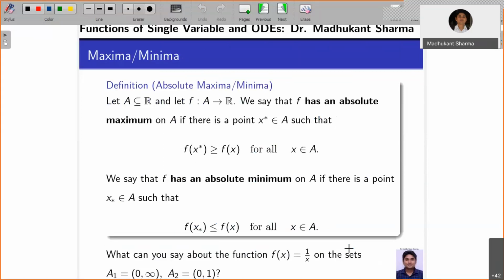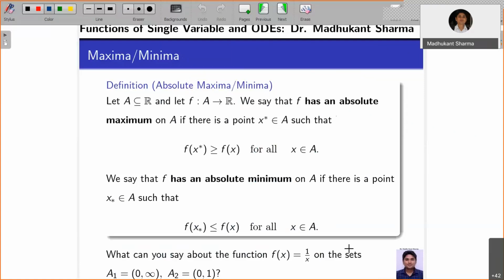We have already seen one theorem called the boundedness theorem, which says that if f is a continuous function on a closed interval I, then f is bounded on I, meaning f attains its bounded values, the maximum and minimum values. That is what the boundedness theorem implies.